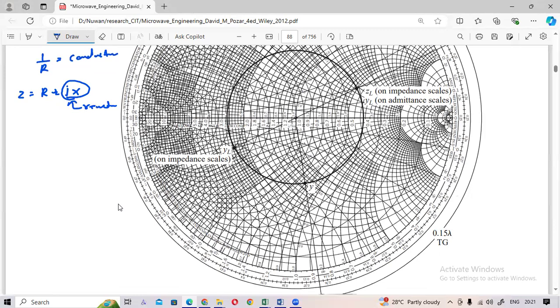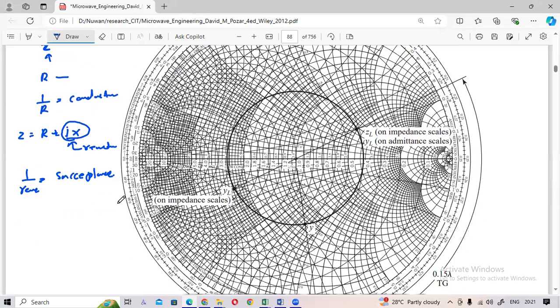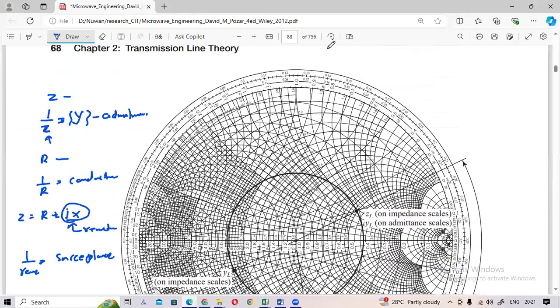Normally 1 over reactance is referred to as susceptance. These words are also somewhat important, so you need to remember those things.